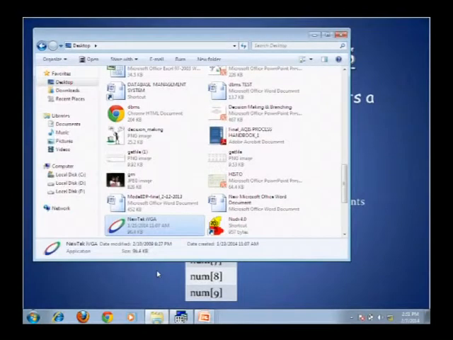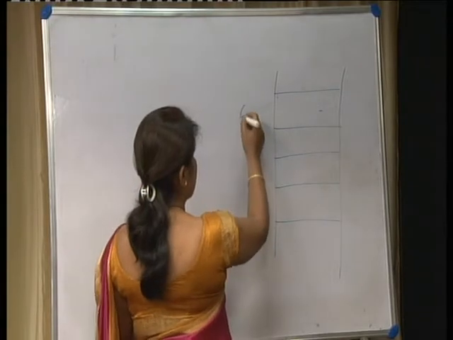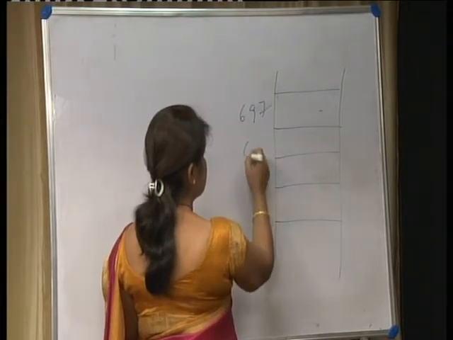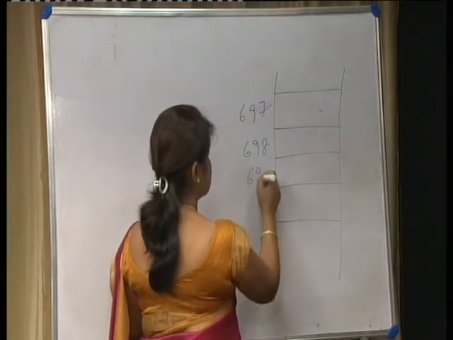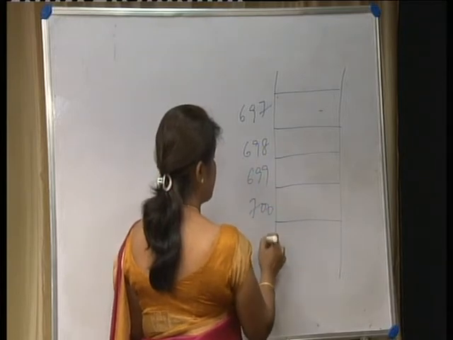Suppose we are looking into our memory in this manner, and assume that the memory is a 1 byte memory location. Each of these memory locations will have an address, say for example, 697, 698, 699, 700, etc.